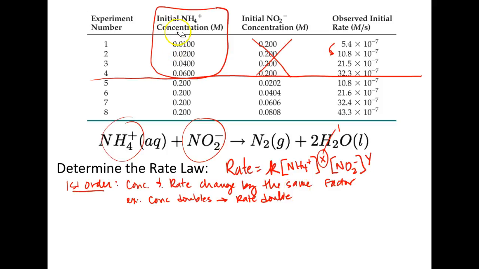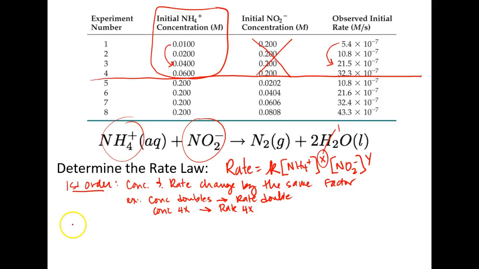Or let's say instead of the first and second trial, I compared the first and the third trial. In this case, I see the concentration is 4 times as much, goes from 0.01 to 0.04, and the rate also is 4 times as much. And so whenever something is first order, both the concentration and the rate are impacted by the same factor. They both double, they both quadruple, they both are half as much, they both are 3 times as much. Whatever factor applies to one applies to the other.